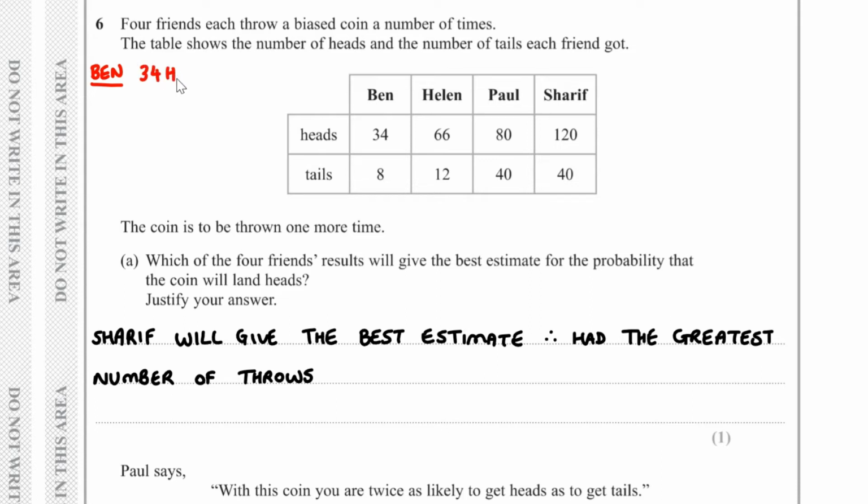If we take a look at Helen, Helen got 66 heads to 12 tails.